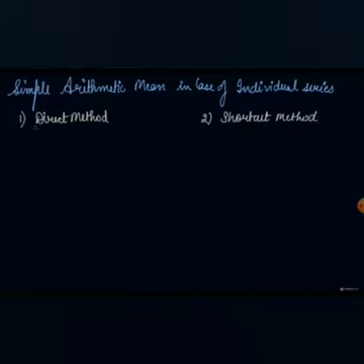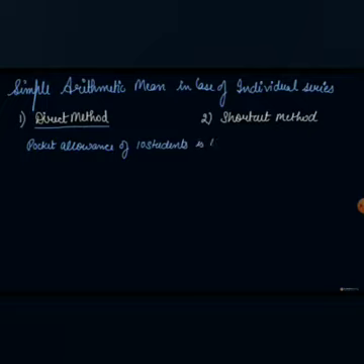Let's understand the direct method first, which is very simple. Let's suppose the pocket allowance of 10 students is 15, 20, 30, 22, 25, 18, 40, 50, 55 and 65.